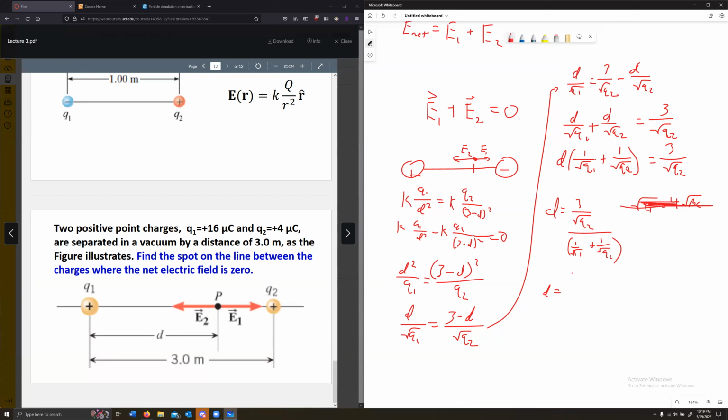But this became 3/2 over 1/4 plus 1/2, which makes sense because you have your Q1, Q2, the square root of those is 1/4 and 1/2. And then you get 2 meters of distance.